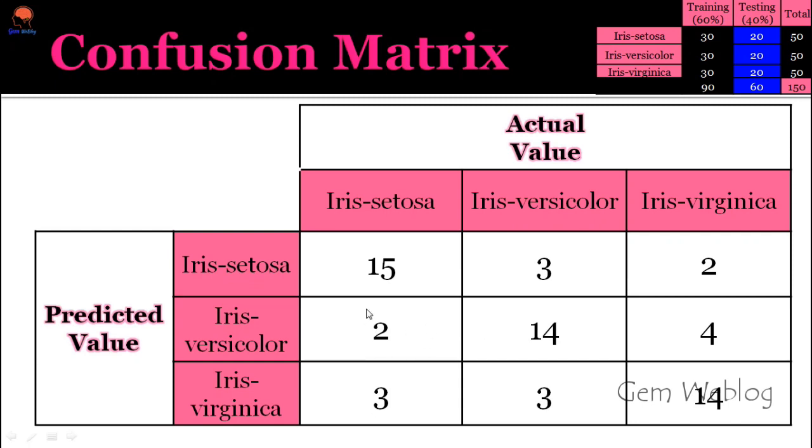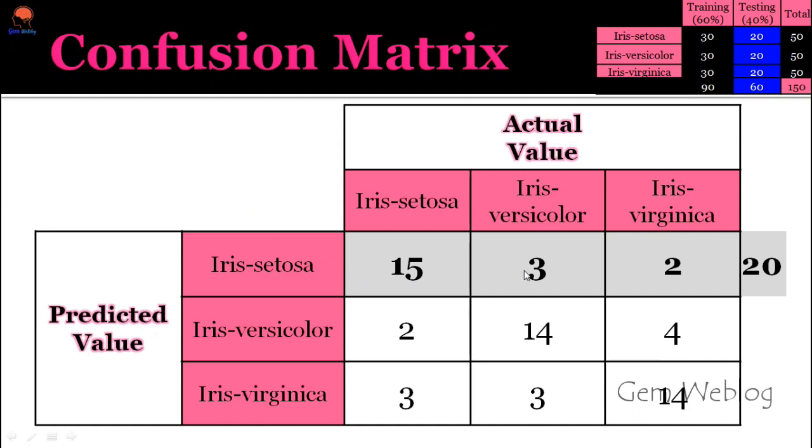Then 2 samples from iris setosa are incorrectly classified as iris versicolor, 14 samples of iris versicolor are correctly classified as iris versicolor, and 4 samples of iris virginica are incorrectly classified as versicolor. 3 samples of setosa are incorrectly classified as virginica, 3 samples of versicolor are incorrectly classified as virginica, and 14 samples of virginica are correctly classified as virginica.